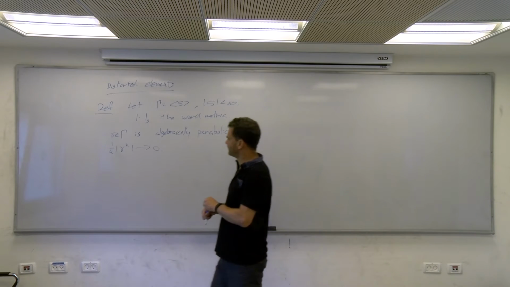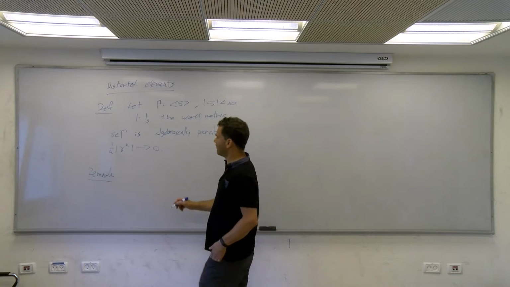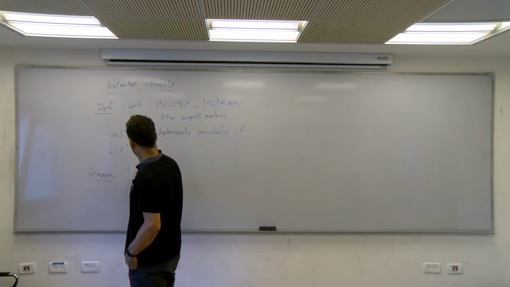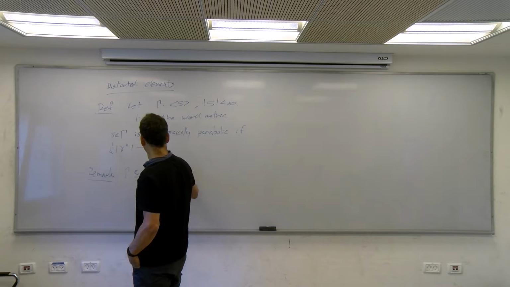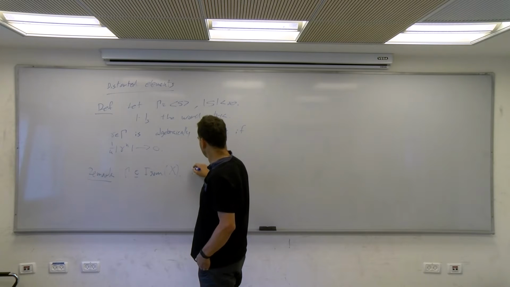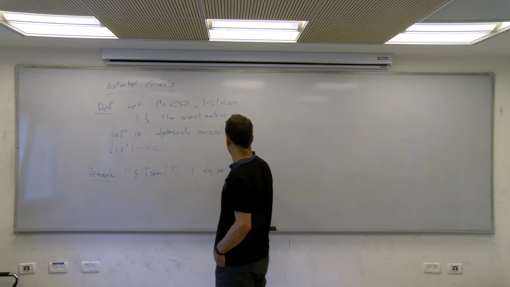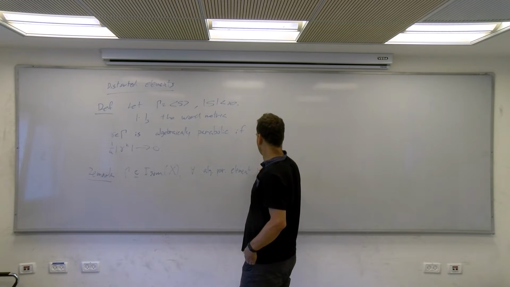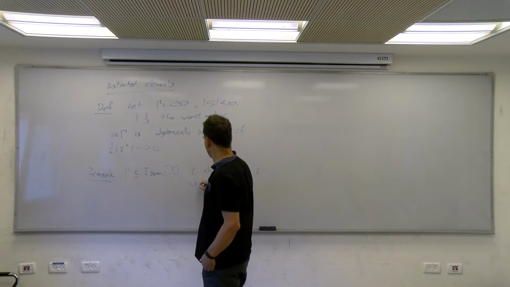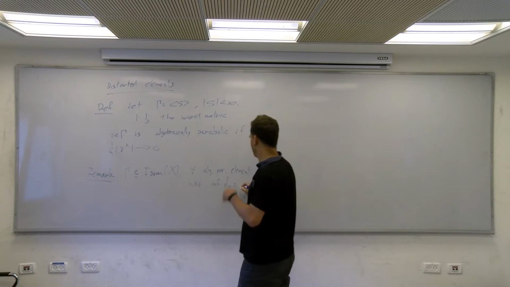And a remark, which is obvious: if gamma acts by isometries, in a subgroup of isometries of a Hadamard space, then every algebraically parabolic element gamma has infimum of d gamma equal to 0.